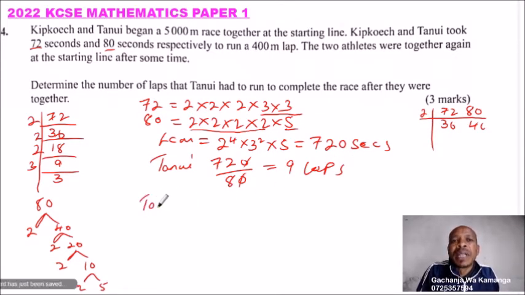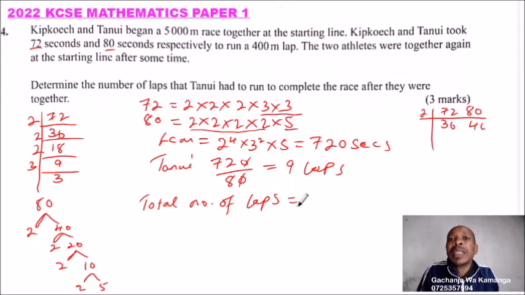Total number of laps is equal to the race was 5,000, and a lap was 400. You divide by that, you get 12.5 laps.